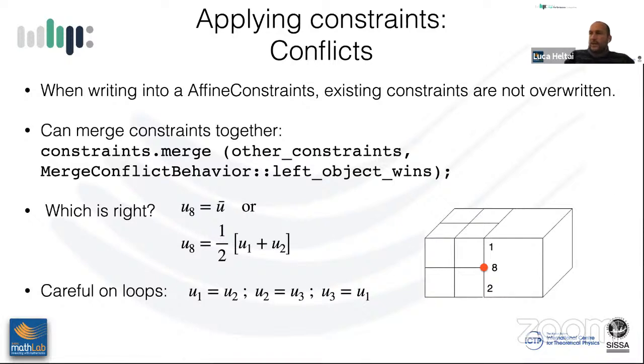If you have loops in the constraints, you have to be careful, because you cannot do that. So if you set U1 to be equal to U2, U2 equal to U3, and U3 equal to U1, you'll get an error. Of course, this is not possible. But you can have situations in which, for example, U1 is equal to U2, U2 is equal to U3, and U3 is equal to U4.